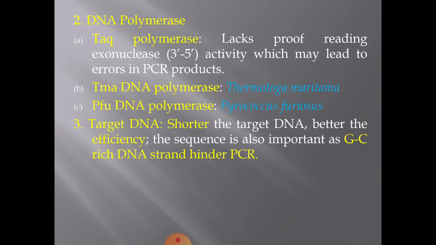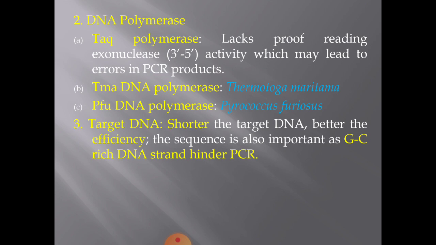Then target DNA. I told you, the shorter the target DNA, the better the efficiency, right? And the sequence is also of paramount importance, because if the target DNA has too many GC components, a GC-rich DNA strand hinders PCR, right? So the length is of importance and the sequence is also equally important, okay?